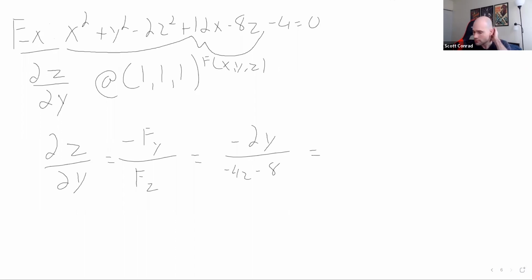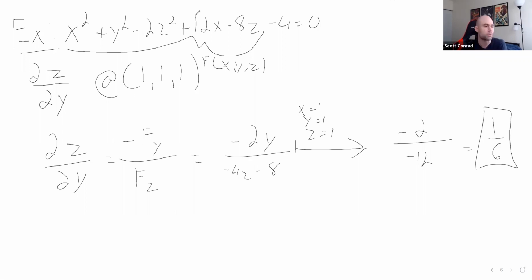So then we plug in x equals 1, y equals 1, and z equals 1. So then we get negative 2 over negative 4 minus 8, which is negative 12. So we get 1 over 6.